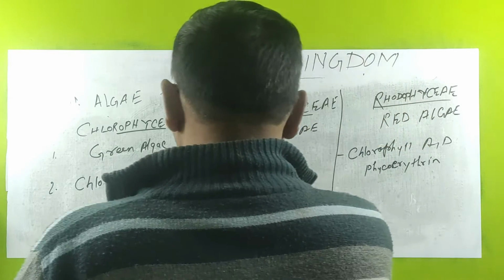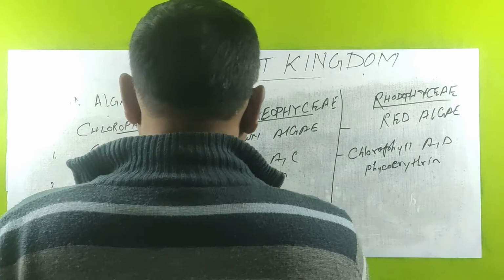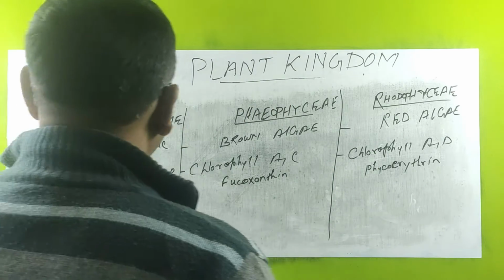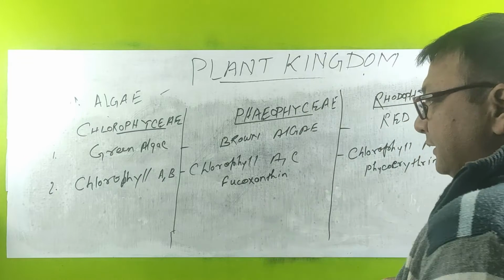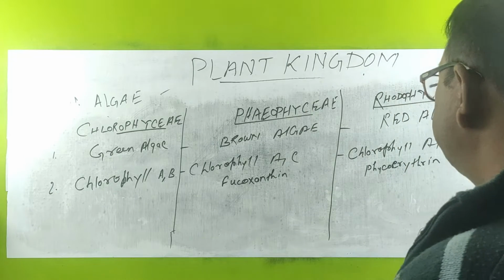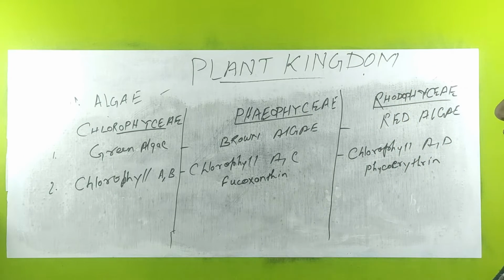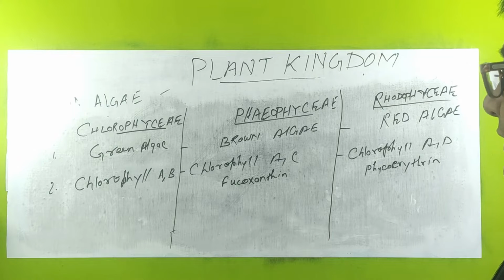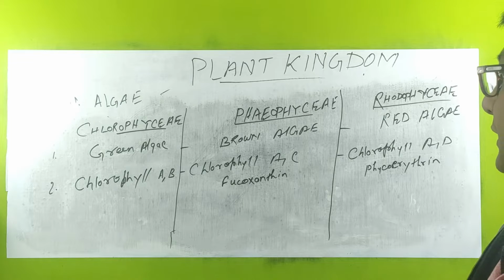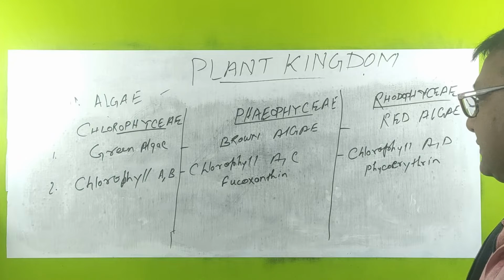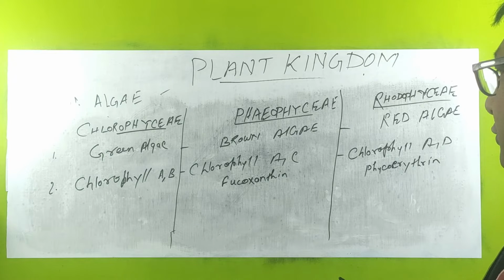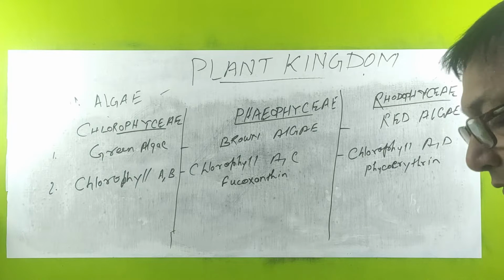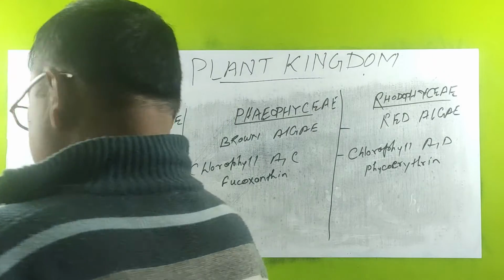These are the pigments present. So we find different types of chlorophyll in different algae: in green algae chlorophyll A and B, in brown algae chlorophyll A and C with the pigment fucoxanthin, and in red algae chlorophyll A and D with the pigment phycoerythrin.